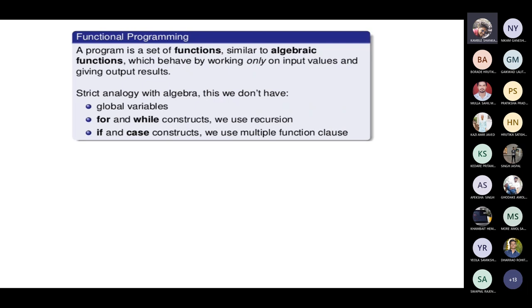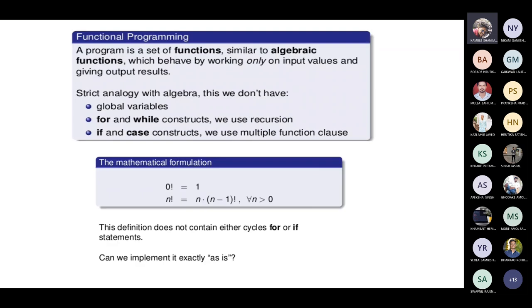So strict analogy with algebra, this we don't have. So we don't have global variables or for and while constructs. We use recursion and if and case constructs. So switch case, which is there in the C language. So these are all constructs or control statements which we can use for multiple function clauses.